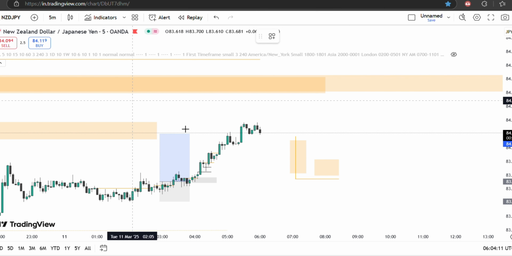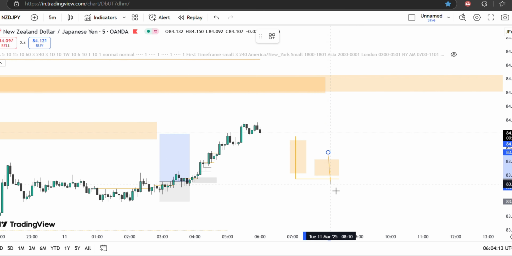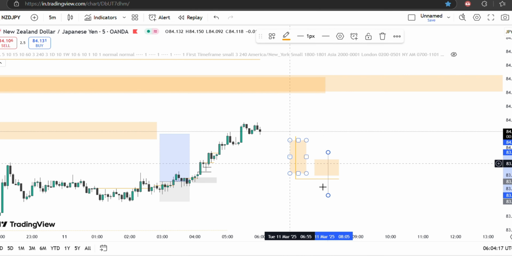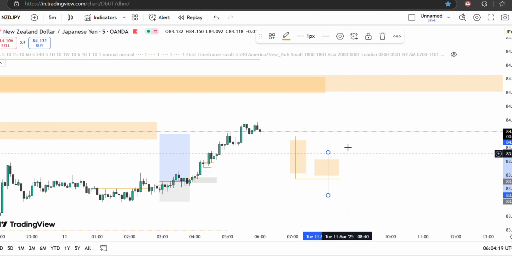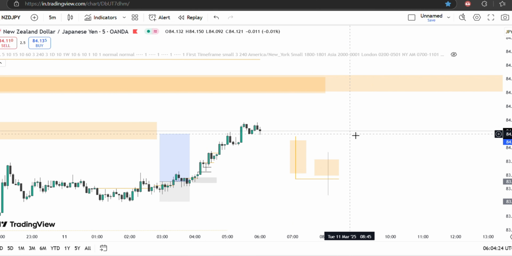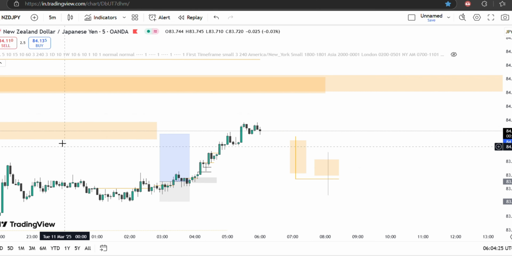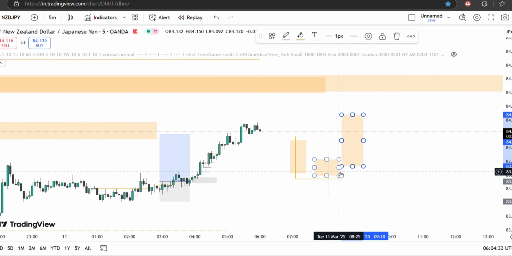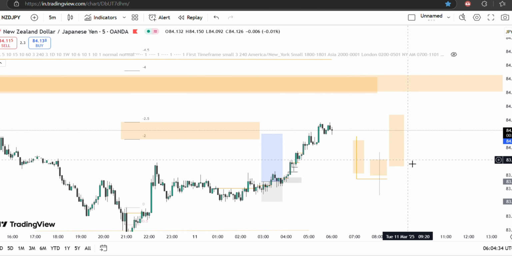What you have to look for is to find a CISD to confirm the second candle, and if a CISD is confirmed, then it shows that price is changing direction, and the next candle will distribute, right? We can also say this is accumulation, manipulation, and then distribution.